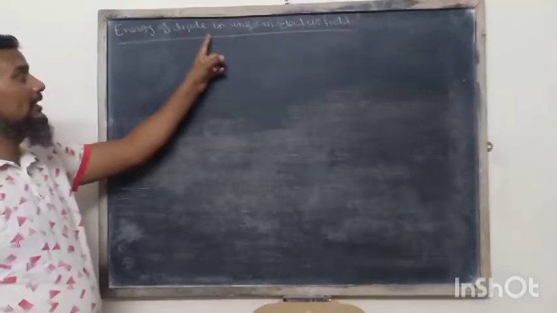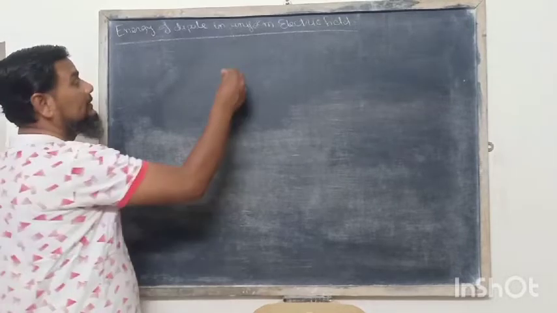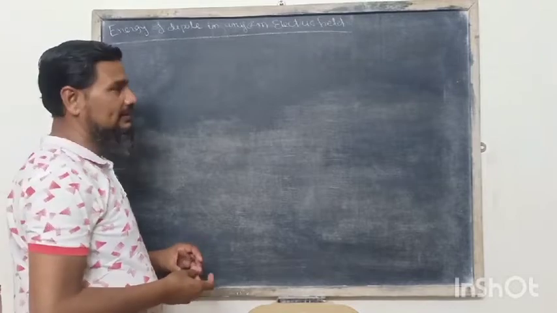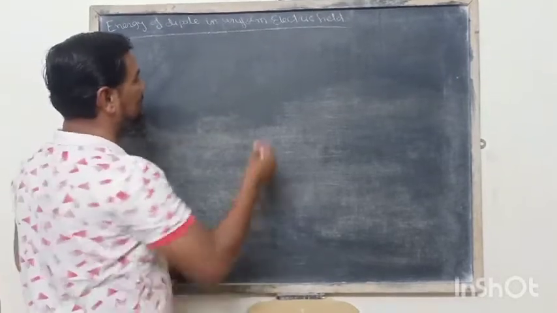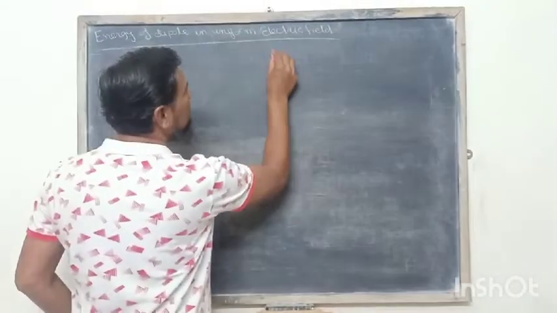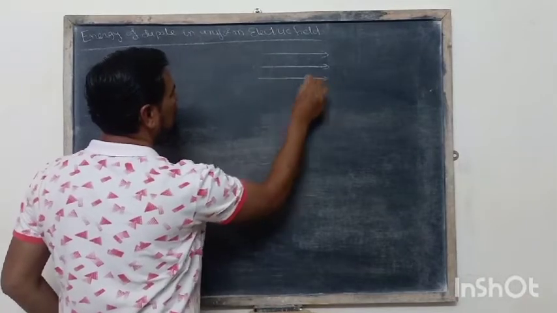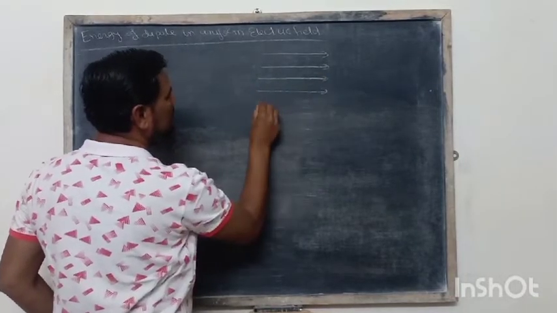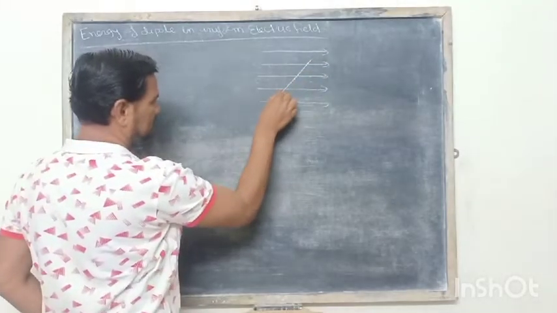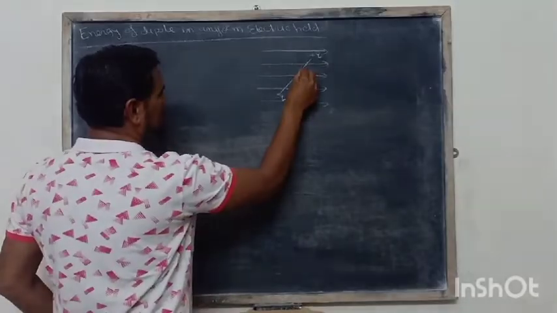Now the energy of a dipole in a uniform electric field. For today's lecture, sometimes it is discussed in the next chapter, but we shall discuss this derivation in this chapter. So again we consider a uniform electric field. This is a uniform electric field and the position of the dipole is this, minus q plus q.